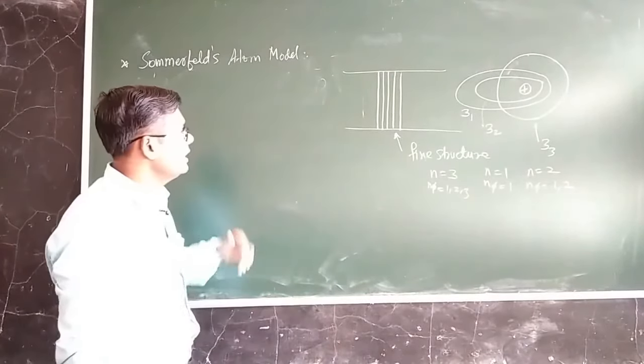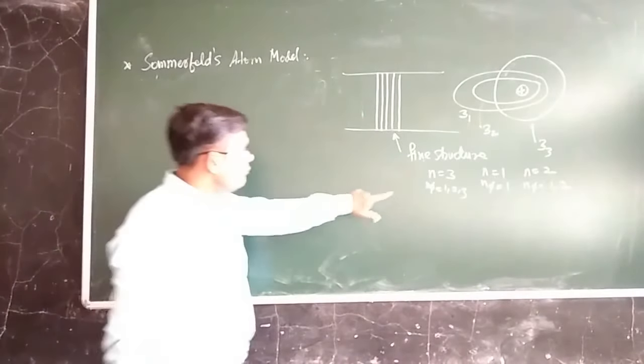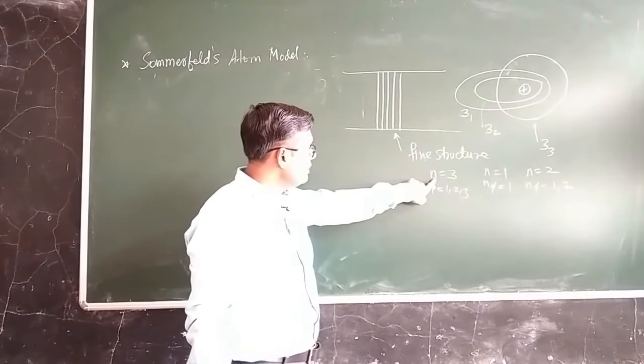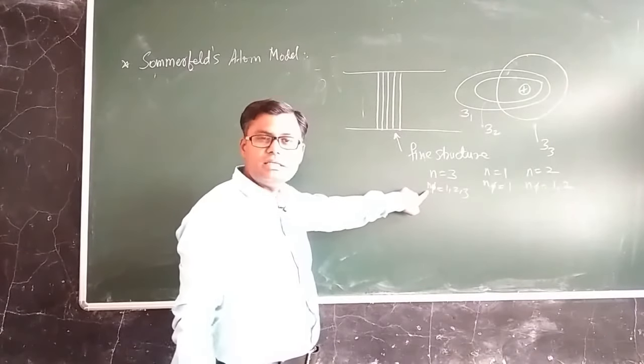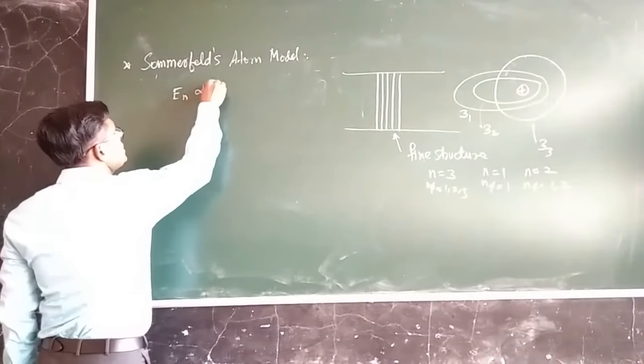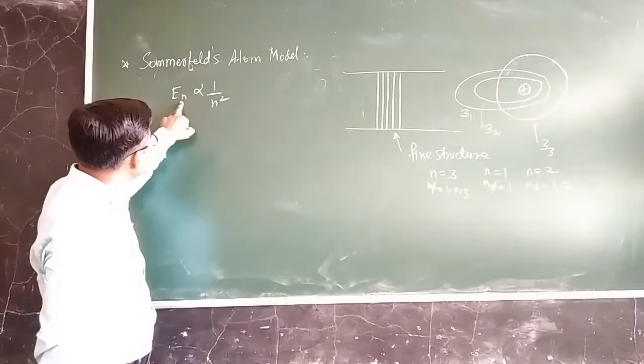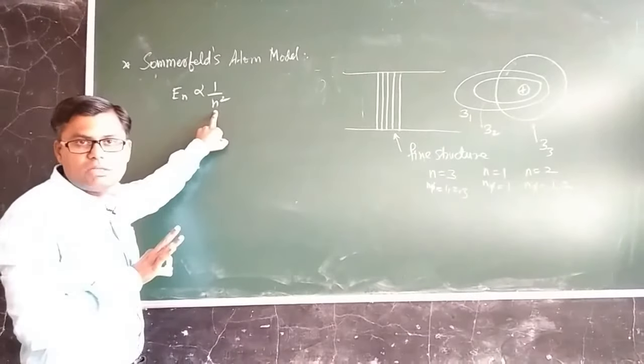Again, the second result of the Sommerfeld atomic model is that for every principal quantum number there will be n values possible for n phi, and according to Bohr, the energy En is inversely proportional to n square. It means that energy depends on the principal quantum number only.